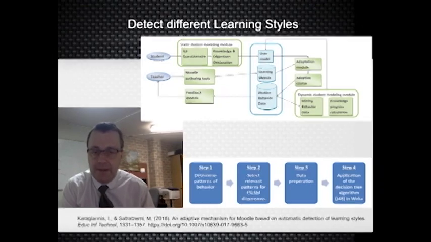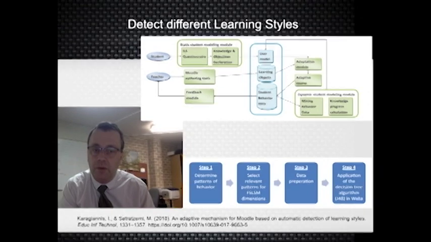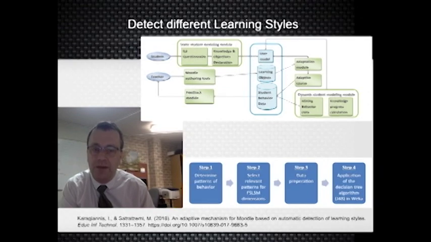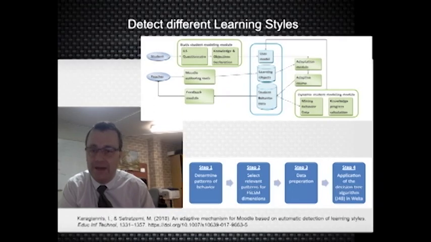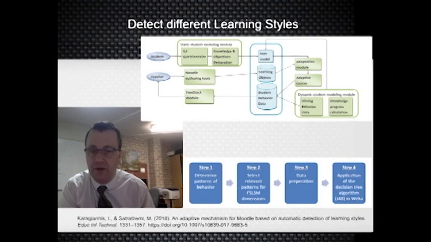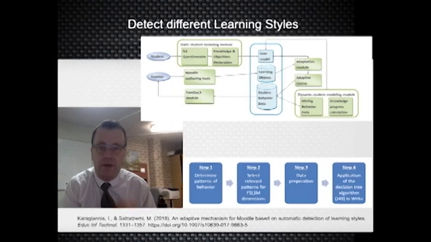So what it does is it uses this premise. It detects, through the use of a quiz or some other detection method, even if this has been done in a previous subject from another course, what type of learner the student is.